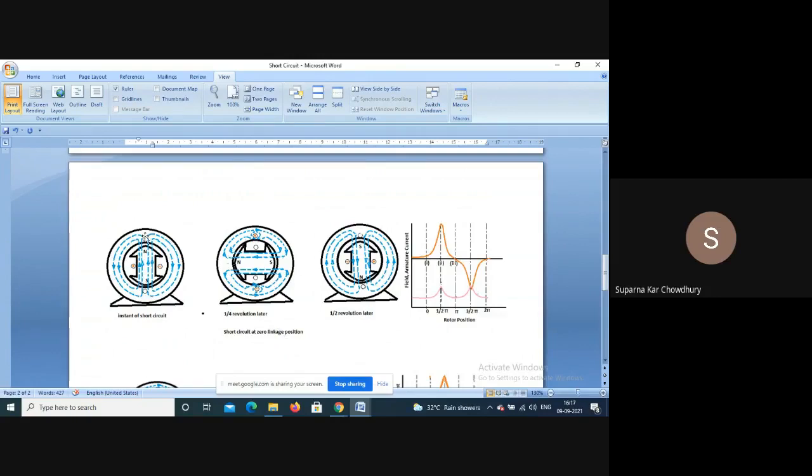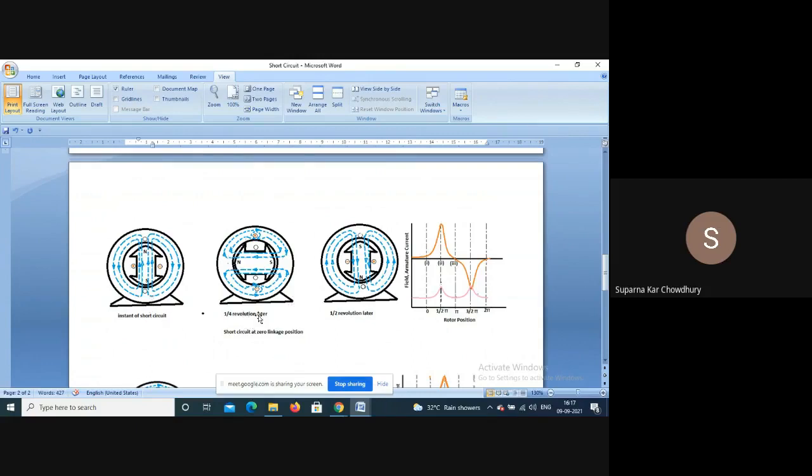So if the short circuit occurs here, this is the instant of short circuit. At this position, the linkage of this conductor is zero because this winding axis is perpendicular to the field axis.